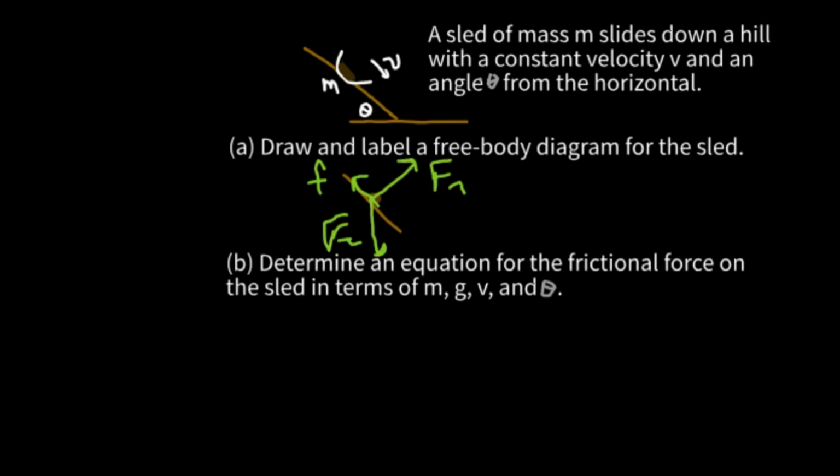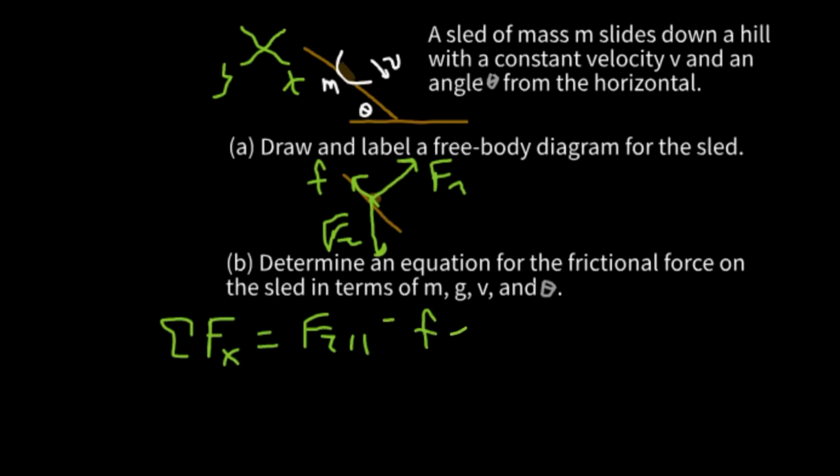So we're going to start by summing the forces in the direction of motion, which is the x direction, if you remember our tilted coordinate plane, where this is our x-axis and that's our y-axis. So if we sum the forces in the x direction, calling direction of motion positive, we get the force of the Earth parallel minus friction equals ma, and because we have a constant velocity, acceleration is 0.